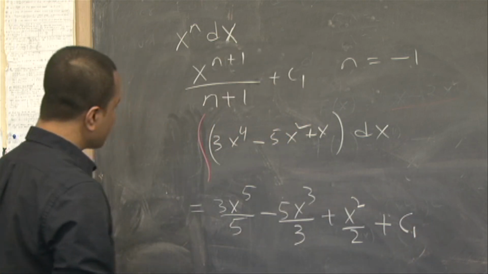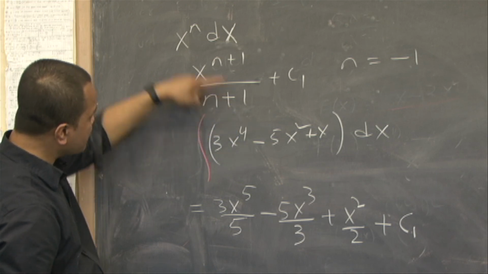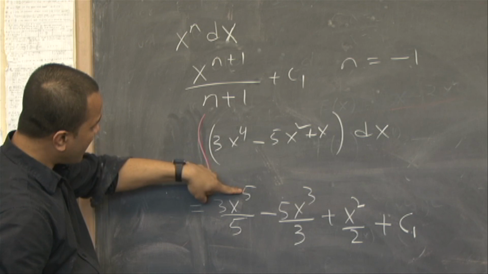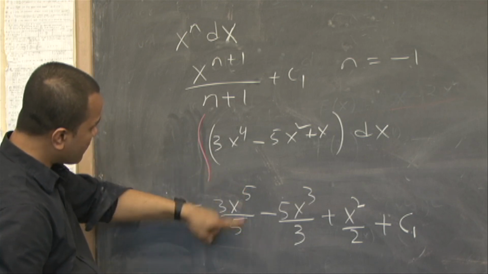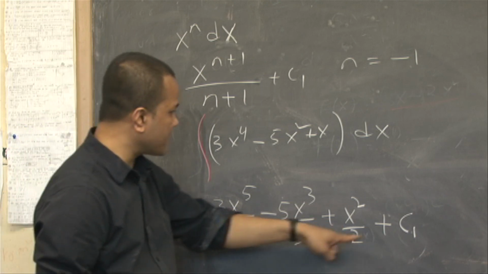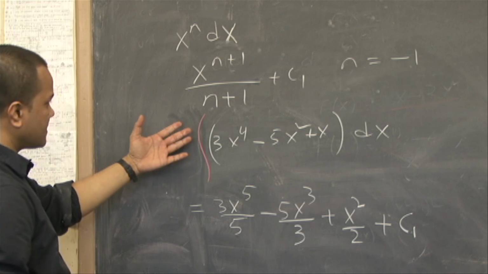Why do I write 5? I write 5 because n is 4, so n plus 1 is 5. Whatever you have here, you divide by that. That's the same thing I do here. That's the integration.